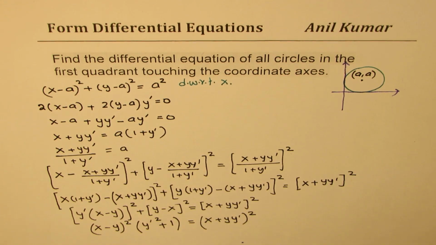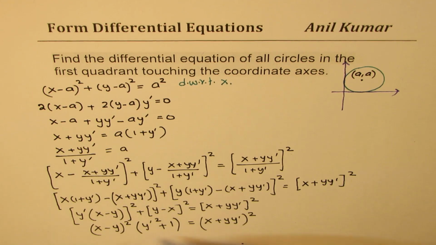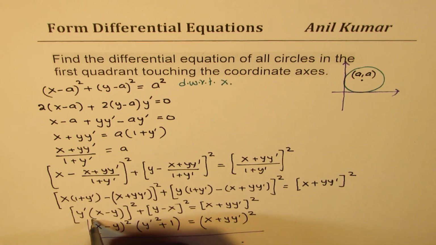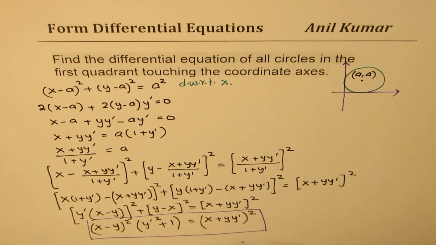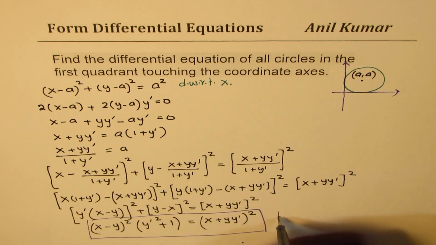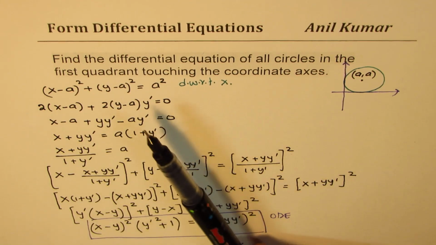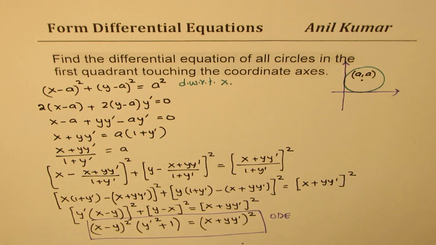So that becomes the differential equation, which is the required differential equation in our case, right? So that is how we can find this answer. Since this does not have any arbitrary constant or parameters, we can treat this as our ordinary differential equation for the given situation. So you understand that the strategy is to differentiate and then eliminate the arbitrary constant.